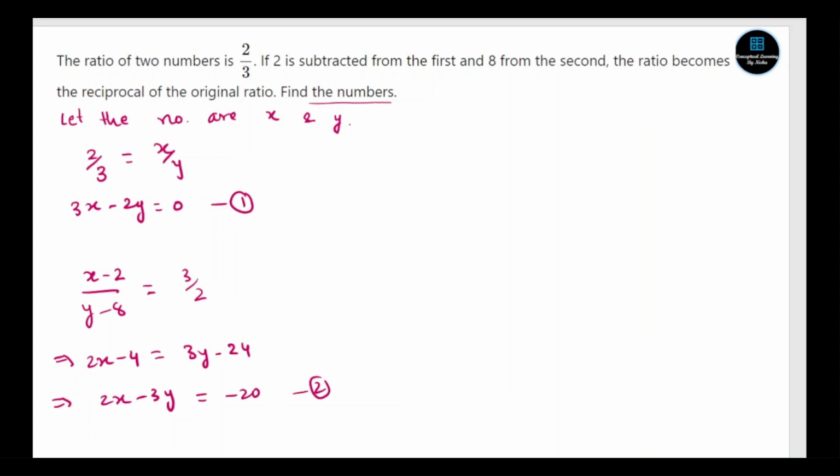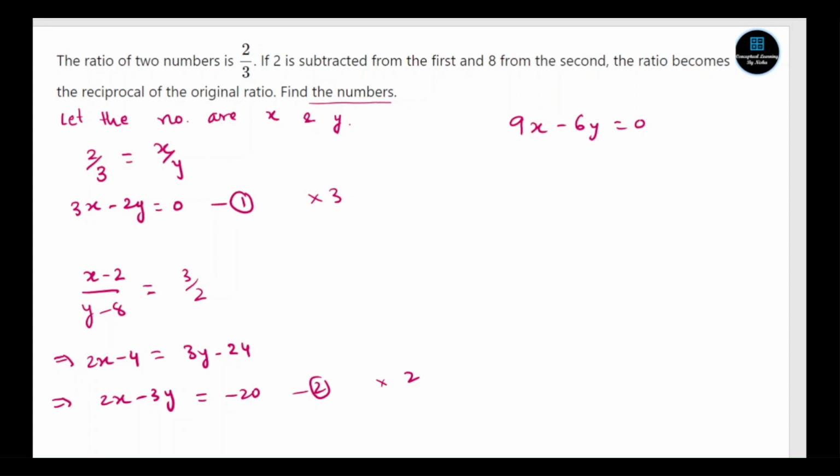Now we learned all the methods so far. So now I can use any of the methods. So what I'll do, I'll just use the elimination method. For that, I'll just multiply this by 3 and this by 2. So what do we get? This is going to be 9x minus 6y equals 0.